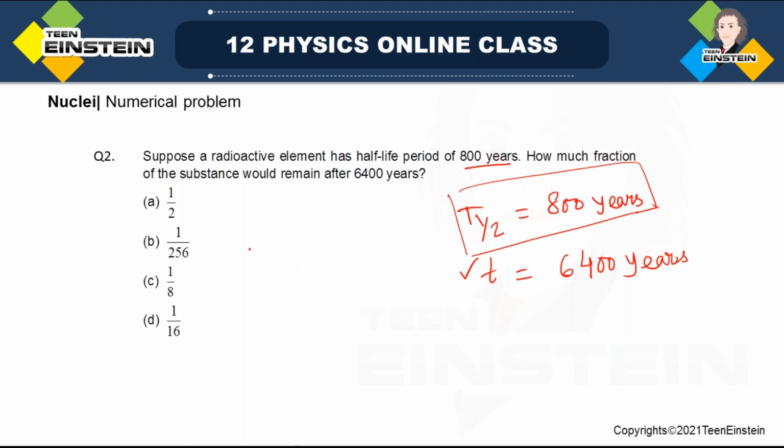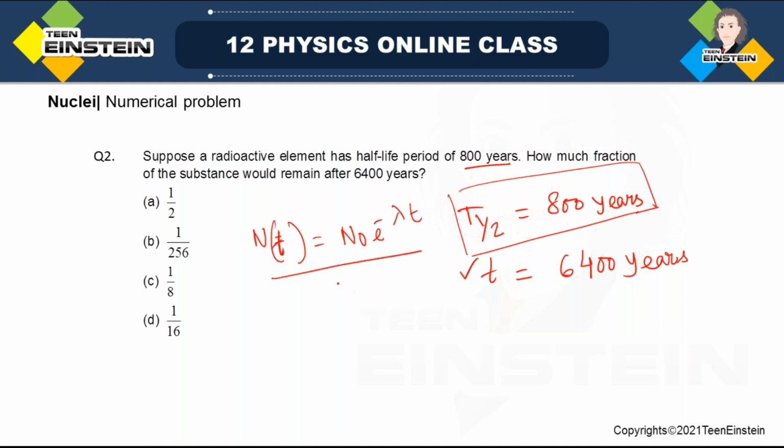You know how any radioactive nuclei decay. So the decay equation, you know that, as a radioactive nuclei is getting decayed, how do you get the number of nuclei present at any time? That is N is equal to N0 e to the power minus lambda into t.